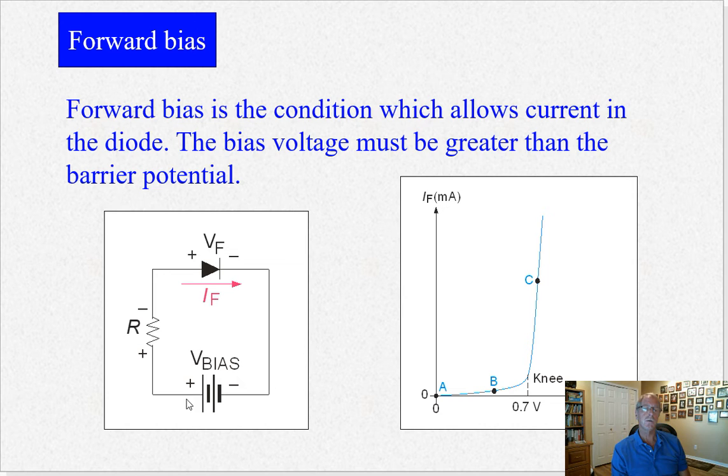How much current? You can use Kirchhoff's voltage law, which we'll do in a minute, to subtract the 0.7 volts from the V bias, and that's the voltage across the resistor. That's what's left, and then you can calculate the current using Ohm's law.